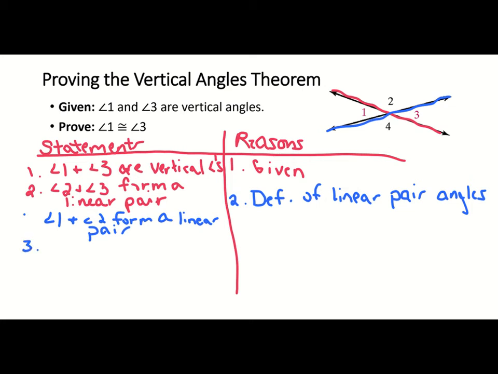Okay. Now, we're going to go to step 3. And if I have linear pairs, then we want you to think, well, what do we know about linear pairs? And if we have linear pairs, that also means that our angles are supplementary. So we are going to say angle 1 and angle 2 are supplementary. Plus angle 3 and angle 2 are supplementary.